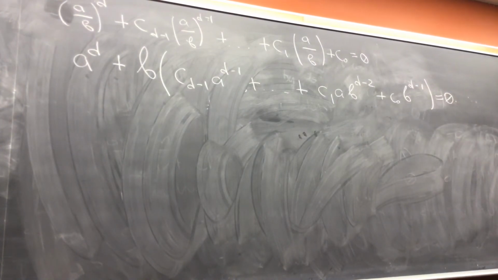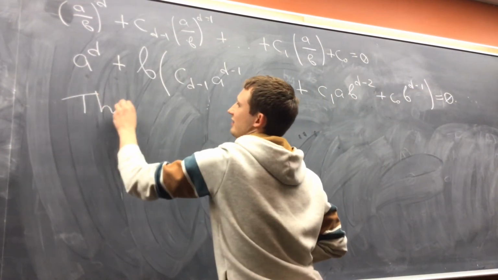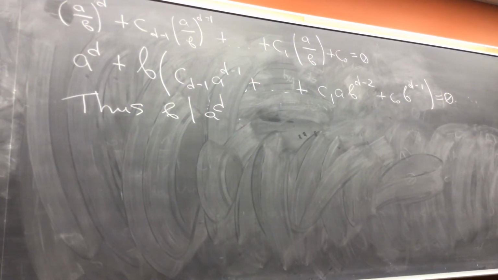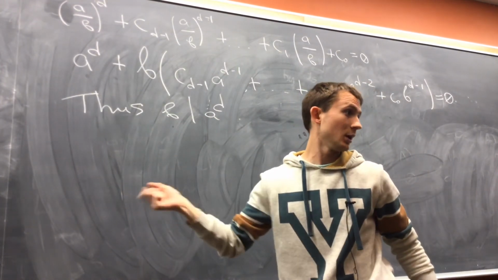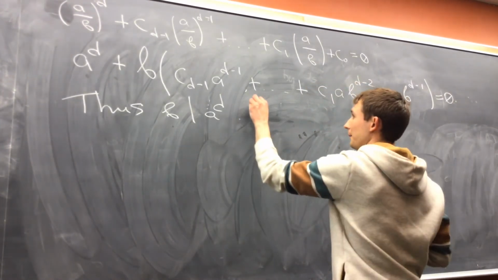Right? You believe me? And now we notice that b must divide a^d. Right? But we know that no common irreducible divides a and b.